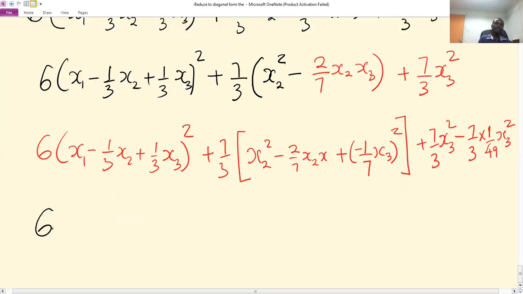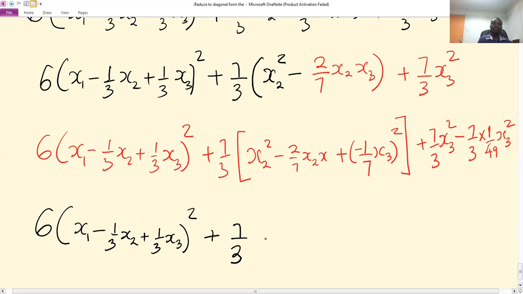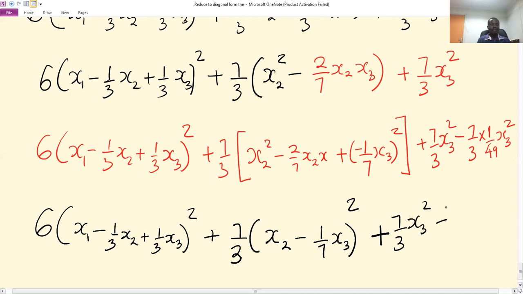So with that operation, this will give us 6 into x1 minus a third x2 plus a third x3 squared plus now 7/3 into x2 minus 1/7 x3 squared, and then plus 7/3 x3 squared minus 7/3 times 1/49, that's 1/21 x3 squared.